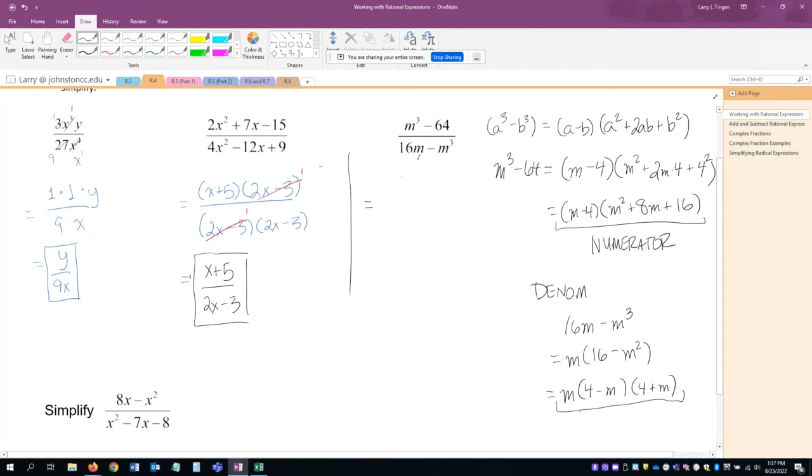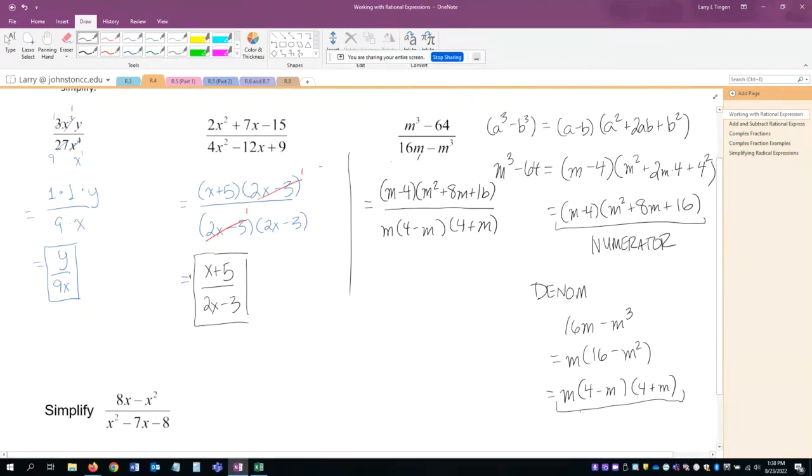And what do I have? My numerator is m minus 4 times m squared plus 8m plus 16. My denominator is m times 4 minus m times 4 plus m. Are there any common factors? Yes, the order.